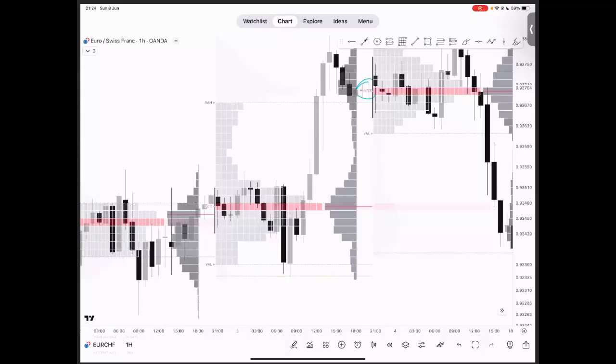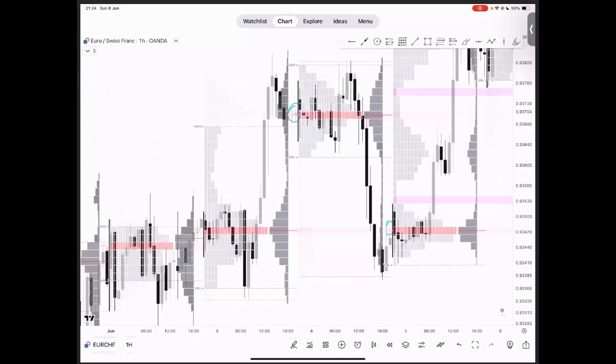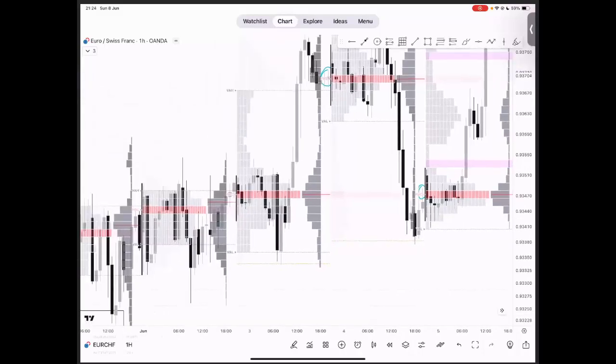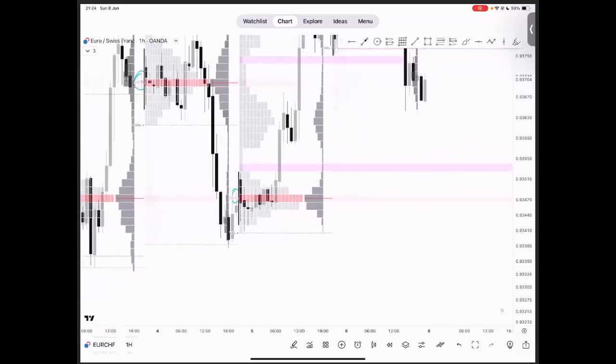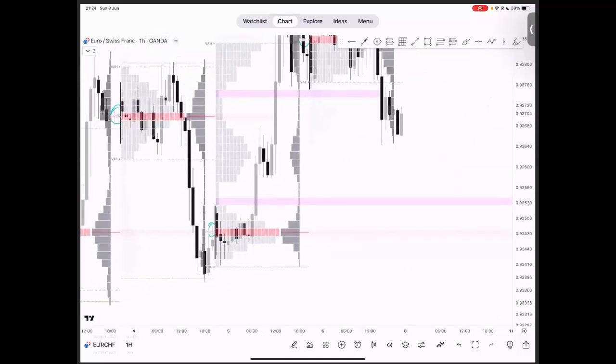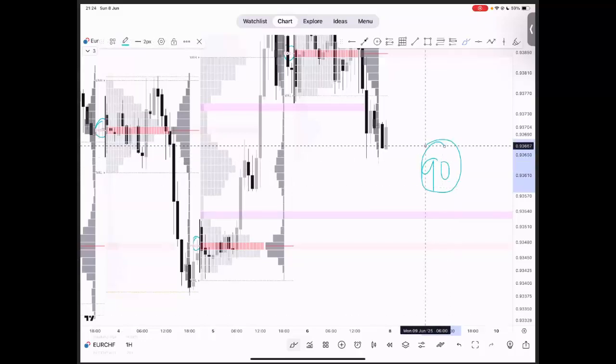And that's what makes it very powerful, because the main importance of POC when it comes to order flow is the fact that when you have your point of interest resting on the point of control, you're sure that there is an 80% or if not 90% chance that that point of interest will play out, right?